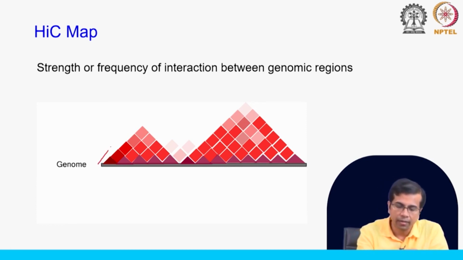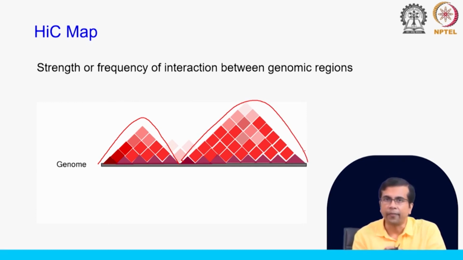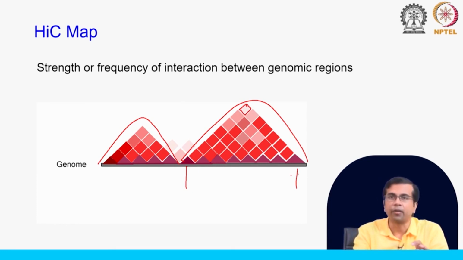As you can see, there is this region that shows very strong interaction within itself. So, this is likely to be a TAD. Here also you have this other region that shows very strong interaction within itself, and this probably is a TAD. To interpret this square here, it looks at interaction between this genomic region and this genomic region. You can then interpret this across all these squares, and look at interaction between different genomic regions.